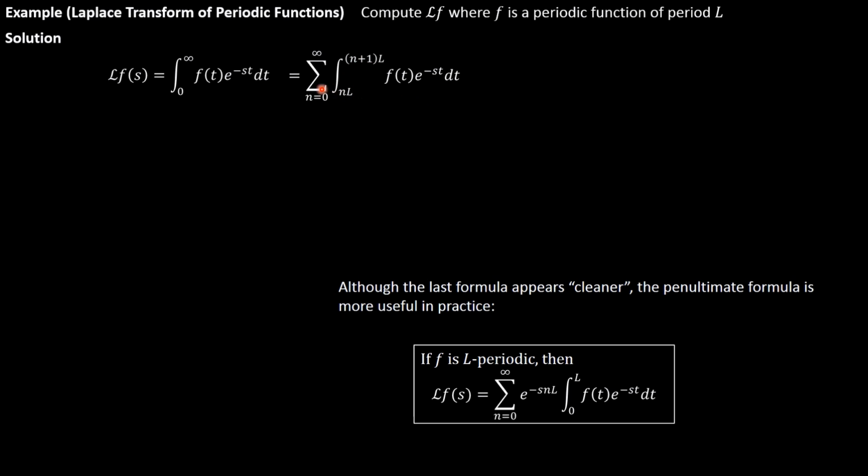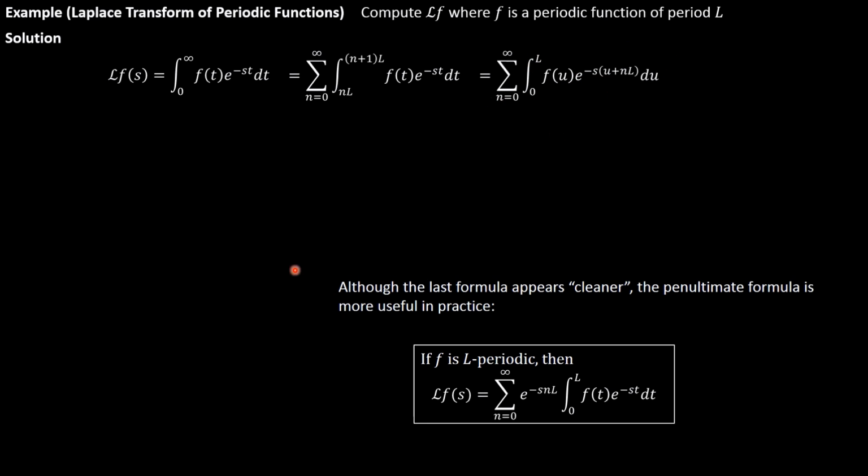What I've done is take the interval from 0 to infinity and break it up into integer multiples of L. Then we make a change of variables, letting u equal t minus nL, and you get this integral.